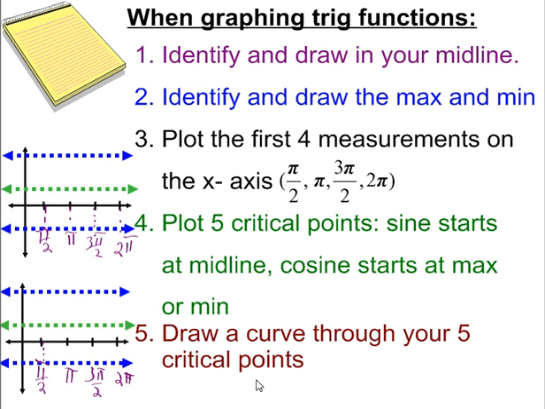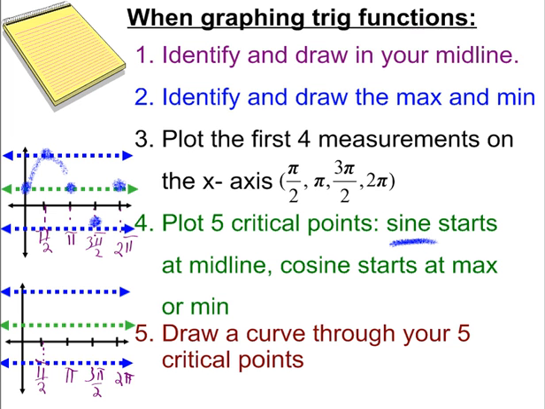The next thing we need to do is plot the 5 critical points. Sine starts at the midline, and cosine starts at the maximum or minimum. So sine starts at the midline, moves up, back to midline, down to the minimum, and back to the midline.